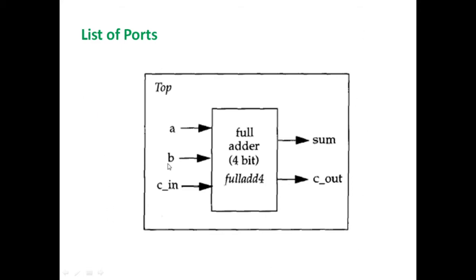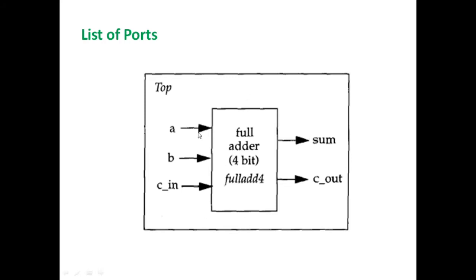Okay, so consider now this 4-bit full adder, and it is instantiated inside your top level module top. That means the module full adder is instantiated below top, and it has input as well as output ports.